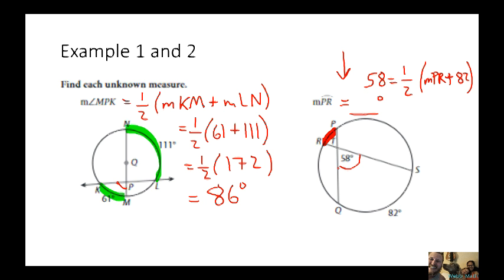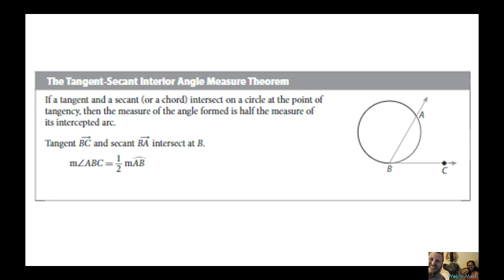I set it up. All right, the tangent-secant interior angle measure theorem. Okay, so if a tangent and a secant or a chord, and all those different variations may happen, intersect on a circle at the point of tangency, then the measure of the angle formed is half the measure of the intercepted arc.